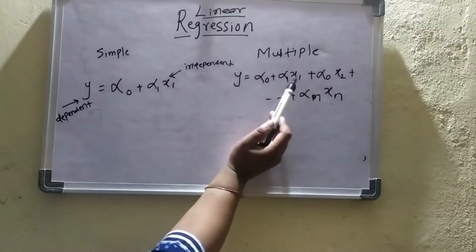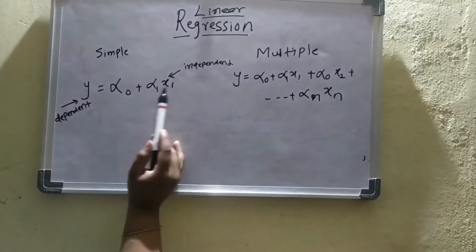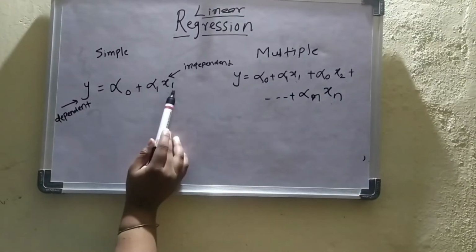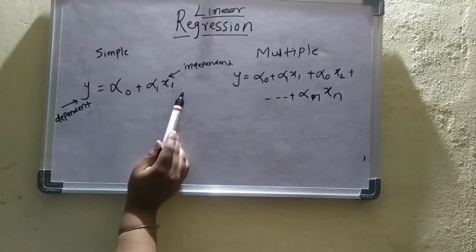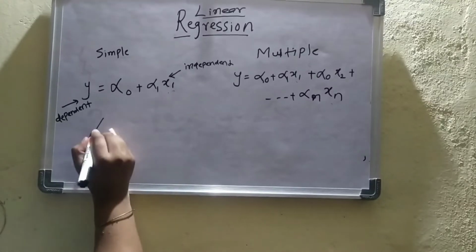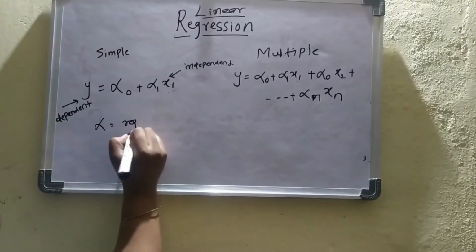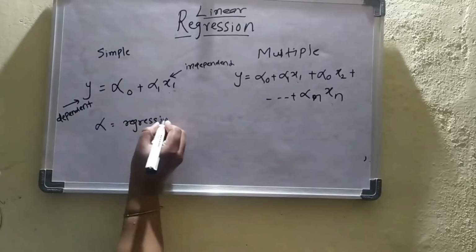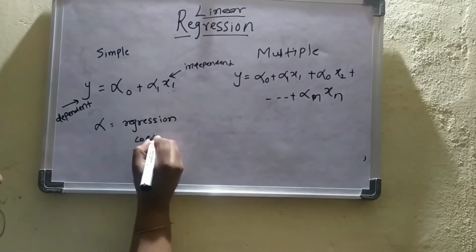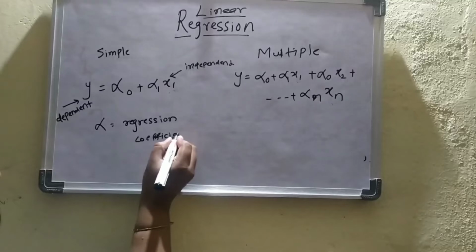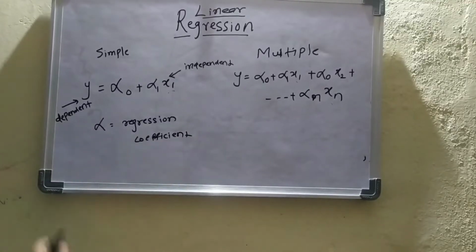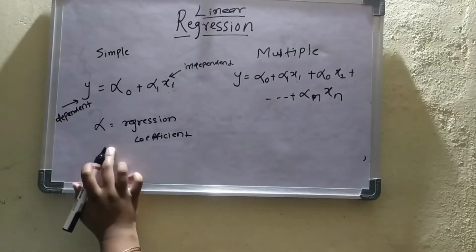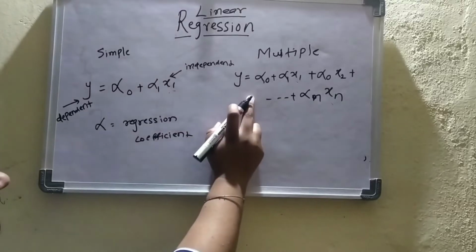Here there are multiple independent variables, whereas in simple regression there is a single independent variable. Alpha is the regression coefficient. In further videos we will see how to find the regression coefficient.